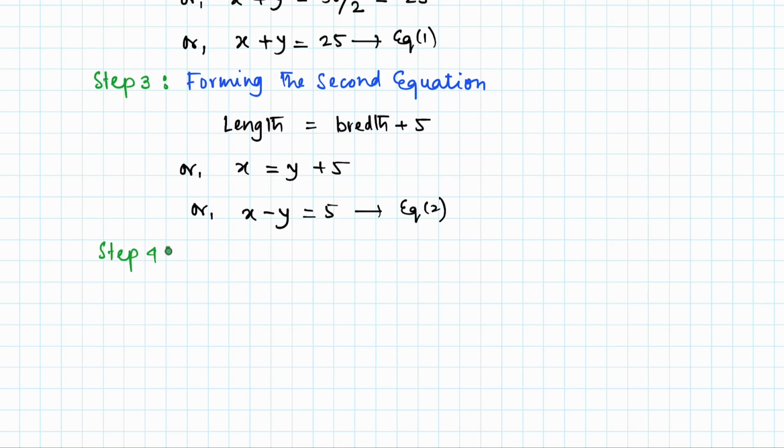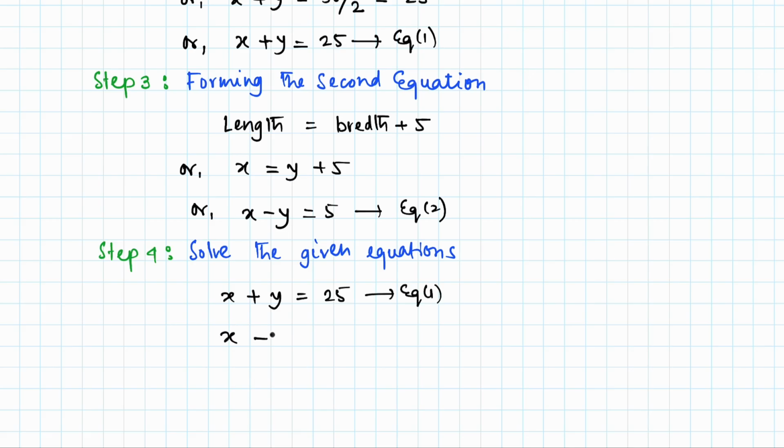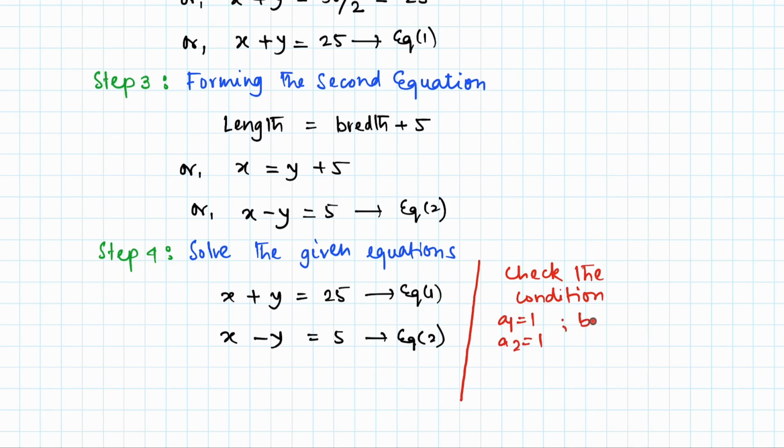And now step 4, we need to solve the given equations. So x plus y equals 25 and x minus y equals 5, which is equation 2. Now we'll check the condition. Every time we'll check the condition to see if the problem given is correct or not. a1 is 1, a2 is 1, b1 equals 1, b2 equals minus 1.